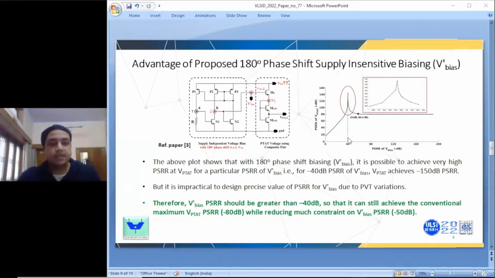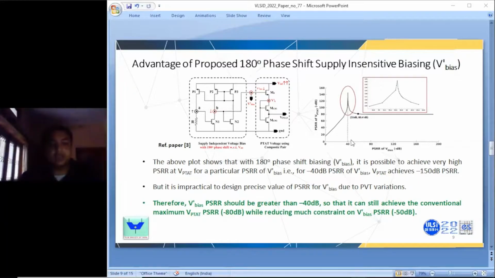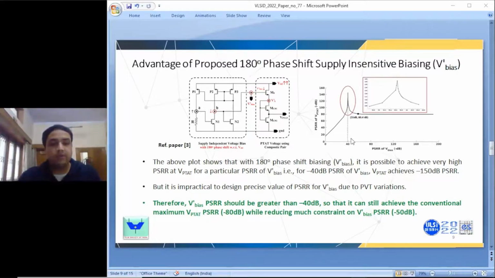But the problem is, this is kind of a pin on a stone. We can't say that we can achieve exactly 40 dB PSRR for all the chips. We know there are a lot of PVT variations in the circuit, and we can't simply get 40 dB in every chip, right?